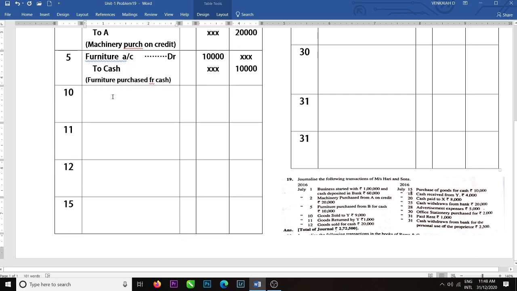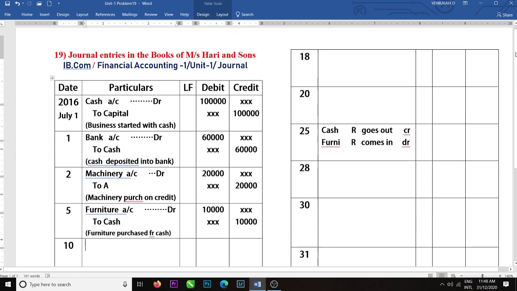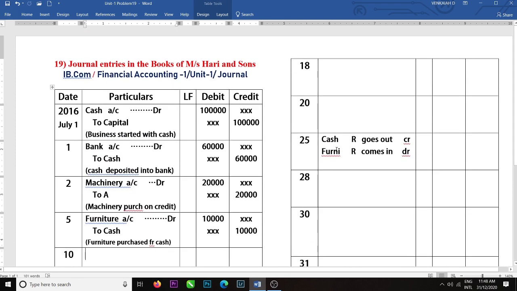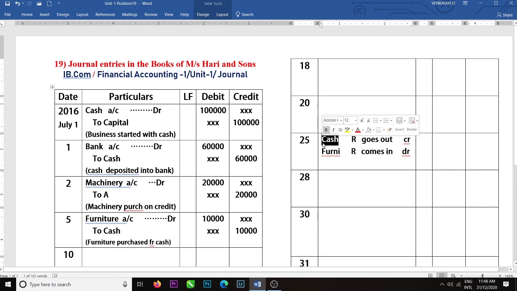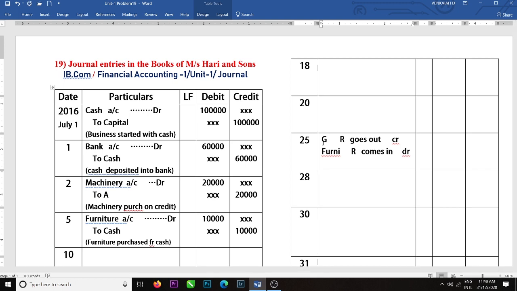Right. Next, goods sold to Y. What did we sell? Goods. Are goods coming in or going out? We sold goods, and goods sold is recorded as sales. It is a real account, going out.